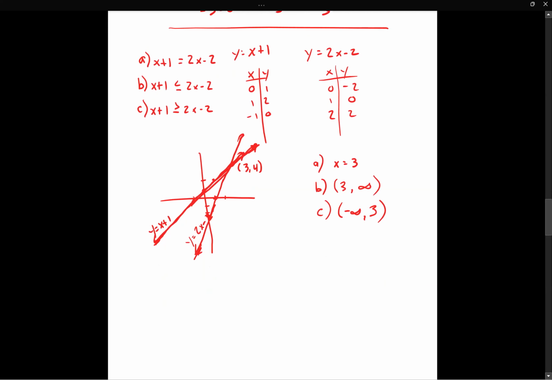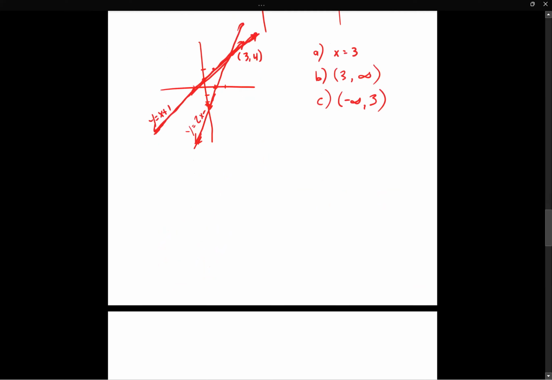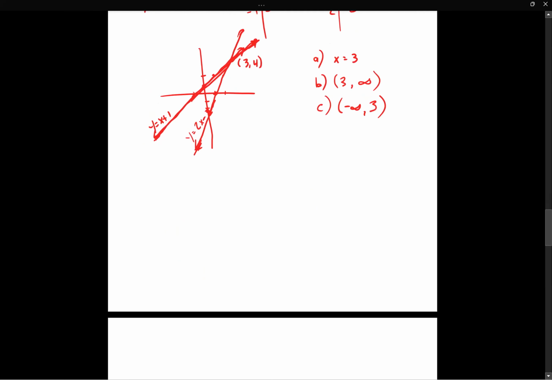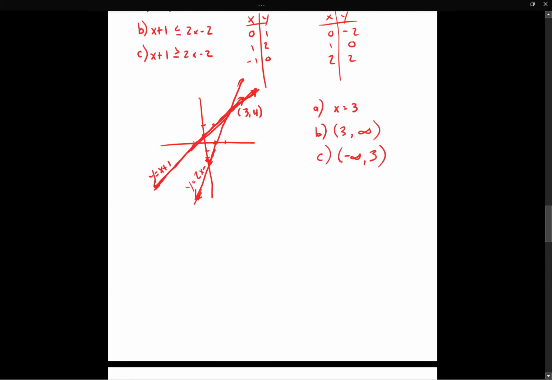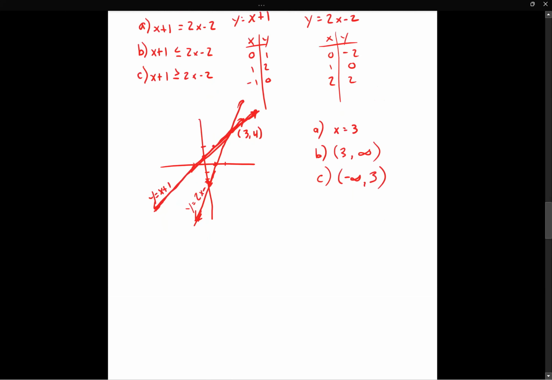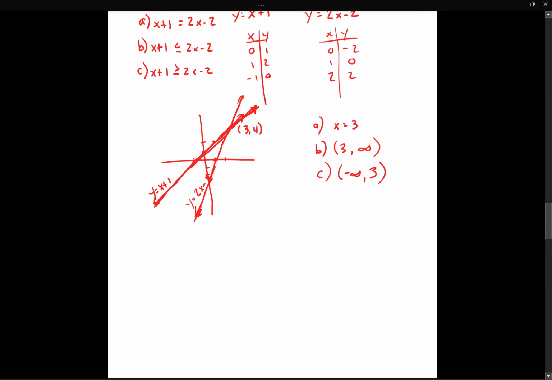That's all well and good, but solving these graphically is not the best way to do this. The only one I'm going to look at for this is the equality. At this time, we're not going to look at the inequalities.